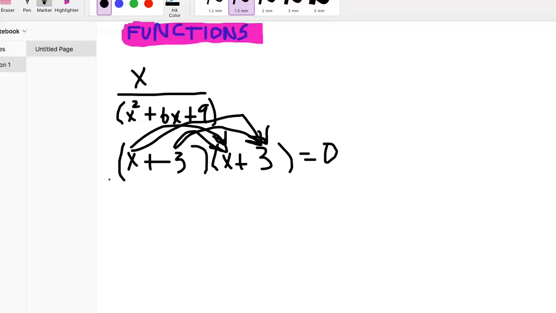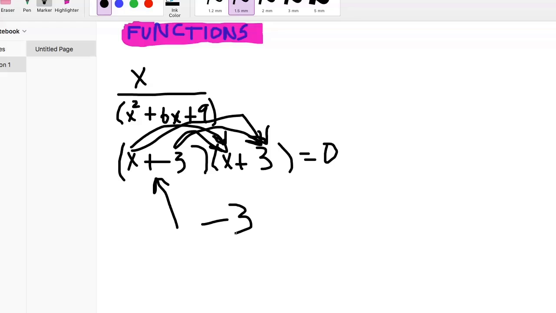So we factored it correctly, and now what we're asking is what value of x would make this whole thing 0. Zero times anything is 0, and that answer would be negative 3. So if x is negative 3, then the denominator will be 0. What we would say for domain is x equals all real numbers except negative 3. That would be our answer.